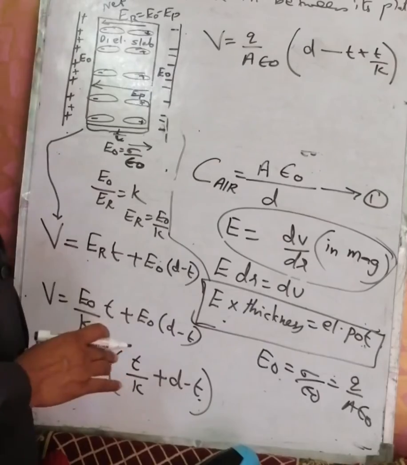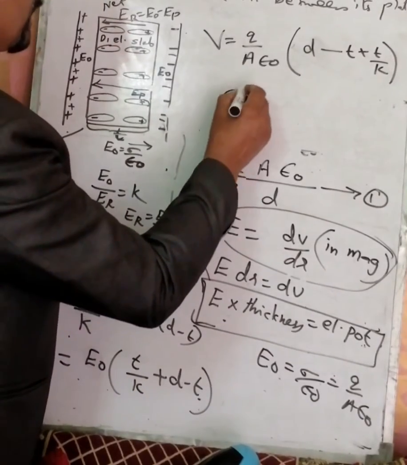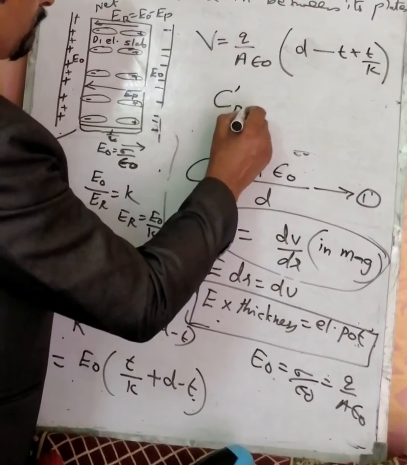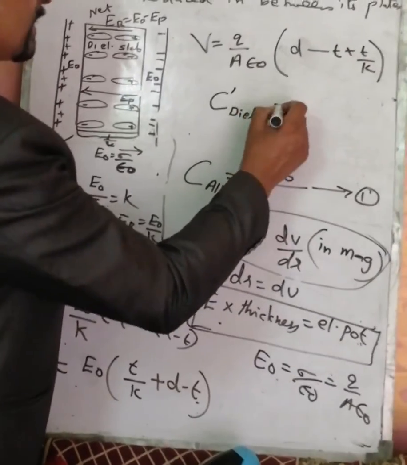Now, what is required? You have to find how much capacitance is there after the introduction of the dielectric slab. C with dielectric slab, how much? That is what is required.